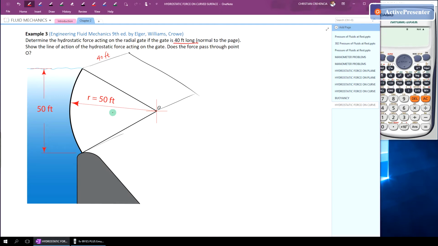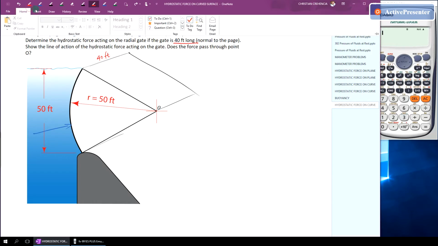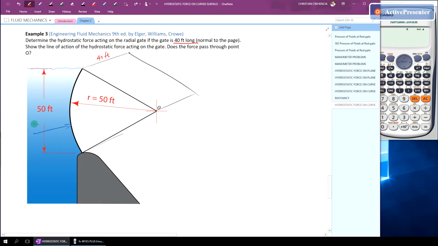So, yung direction niya, kung anong angle from the horizontal. So, assuming ito yung direction. Okay, so we will determine yung angle from the horizontal. Okay, and does the force pass through point O?